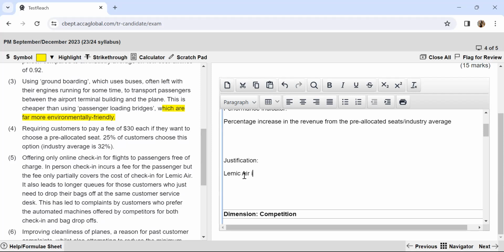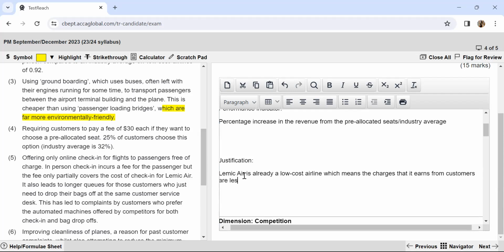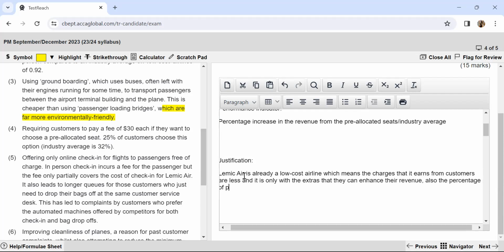So Lemic Air is already a low-cost airline, which means the charges that it earns from customers are less, and it is only with the extras that they can enhance their revenue, and also the percentage of pre-allocated seats is lesser than the industry average.